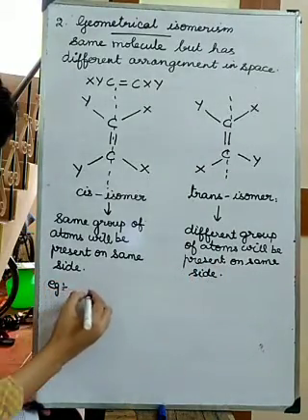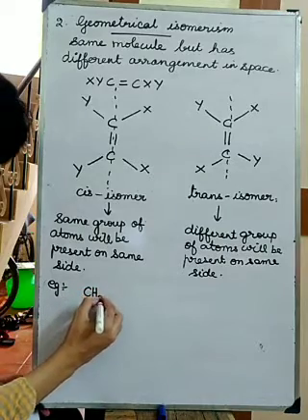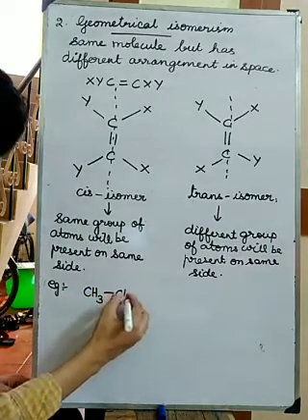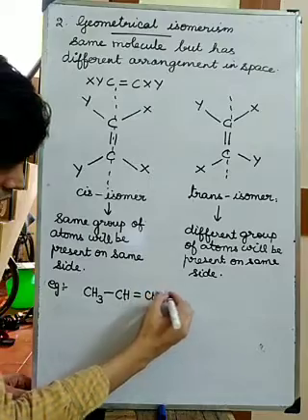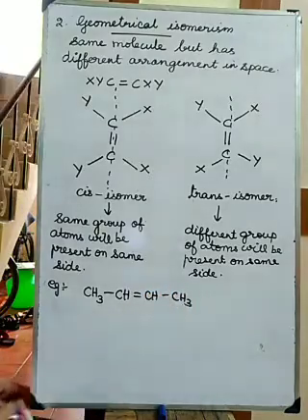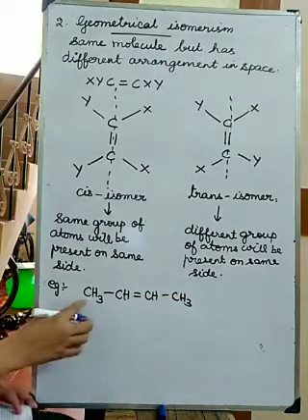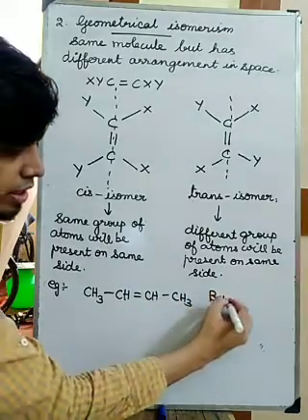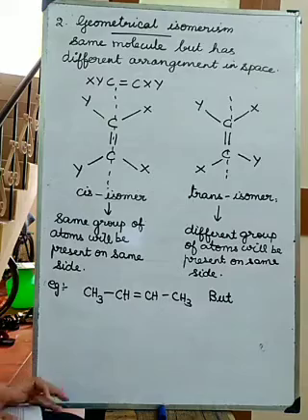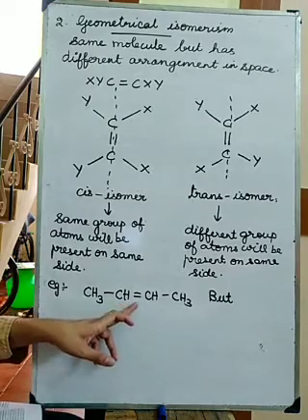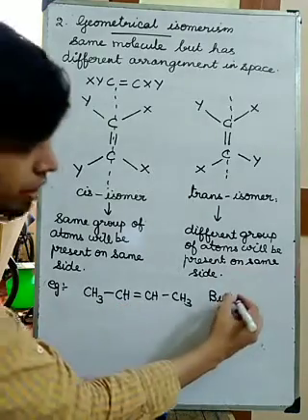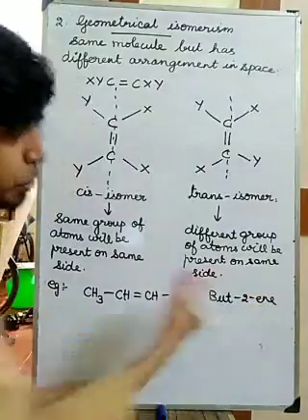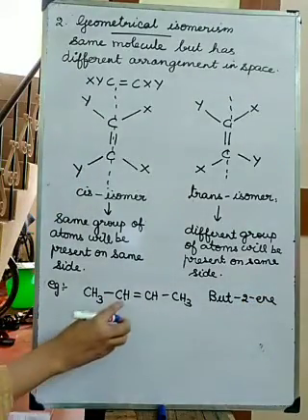Example, I can take this compound CH3, CH double bond CH, CH3. What is the name of this compound? 4 carbons means it is but. In the second position I have the double bond, so but-2-ene. How can I write it like this?